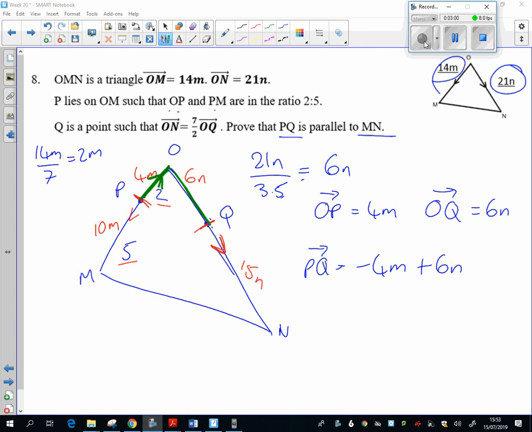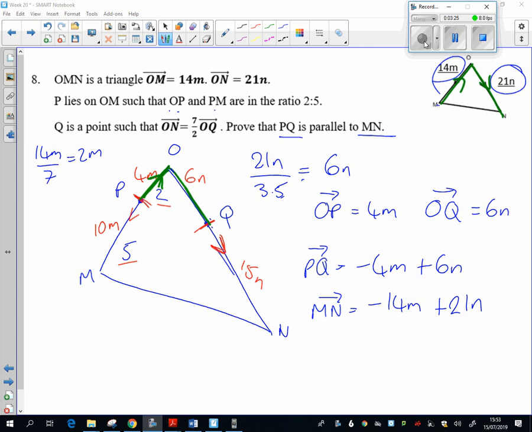And then the other vector they talk about is MN. Well, that one's a lot easier because I had that one all along. In fact, let's go back to the original diagram. So MN, I need to go backwards along that vector. So that's going to be minus 14M. And then I want to just go all the way along that vector. So that's going to be plus 21N.